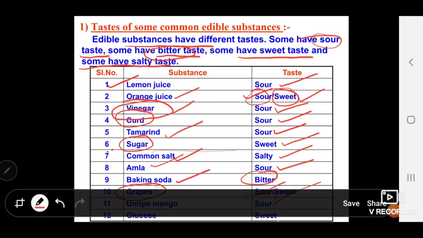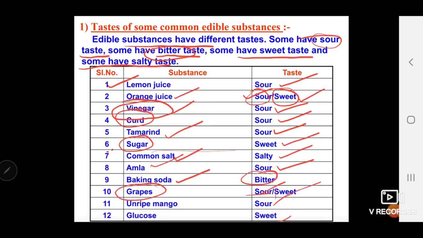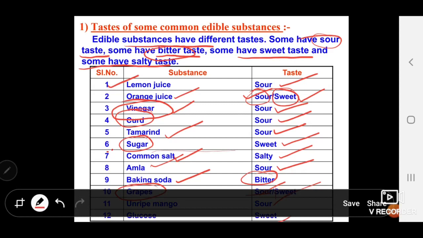And glucose, sweet taste. All these are the different kinds of substances we can use in our day to day life. Today we have listed the tastes of these substances belonging to sour taste, sweet taste, bitter taste, and also salty taste.